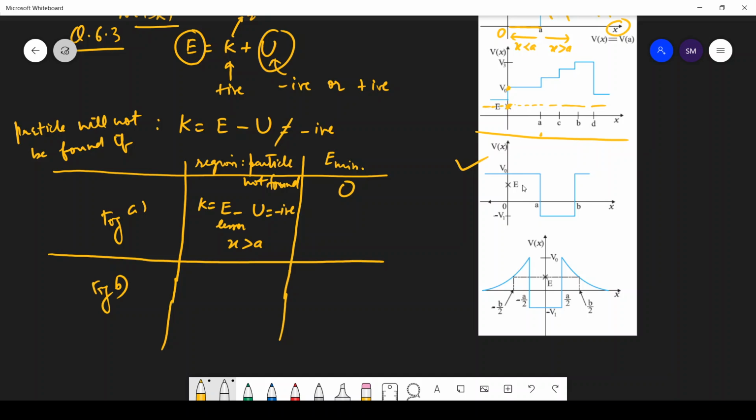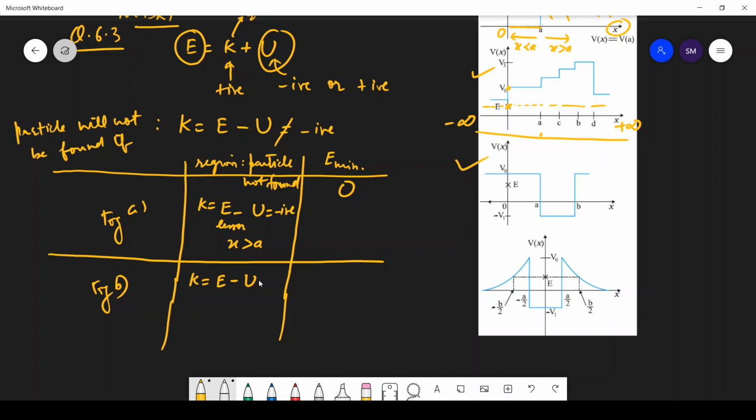So look at this figure. From minus infinity to plus infinity, at all the points, your potential energy is greater than the total energy.